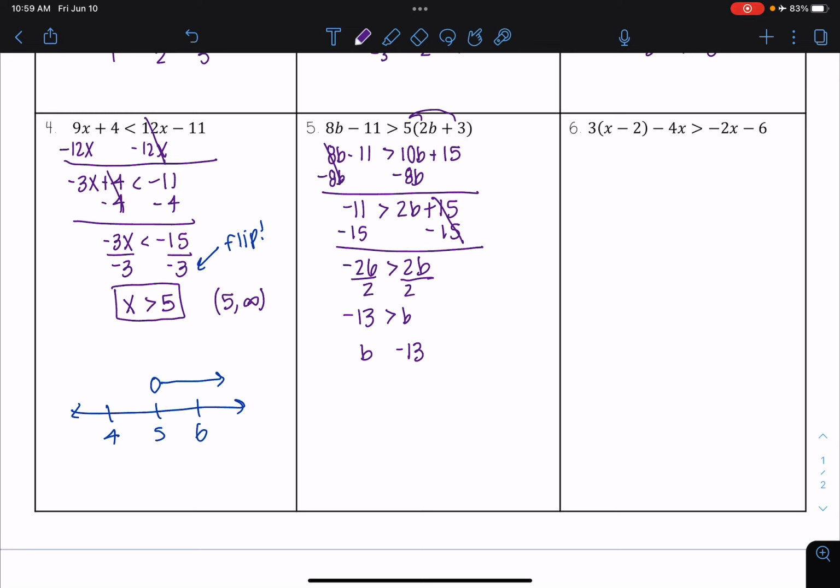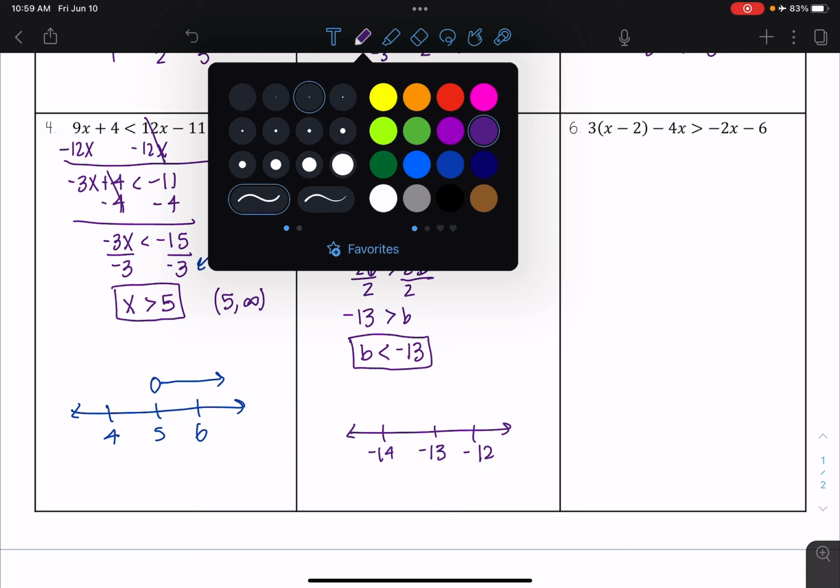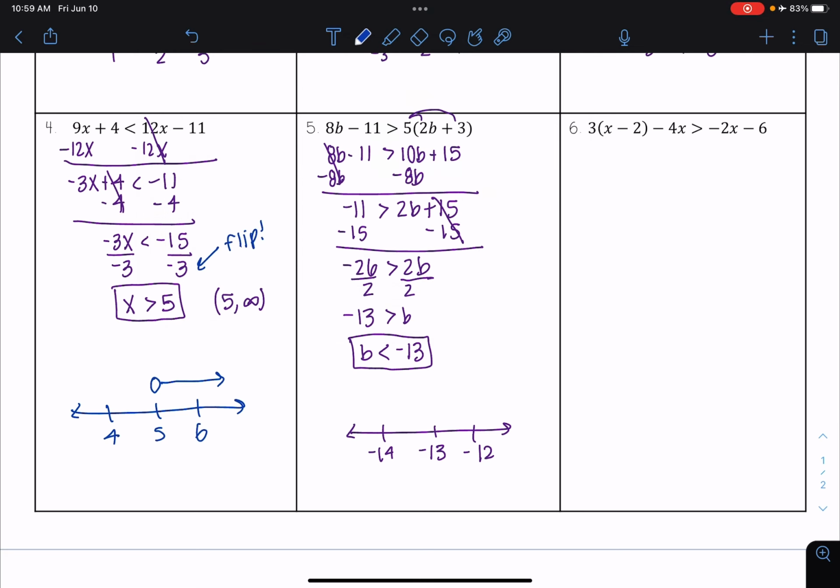And so instead of greater, this is going to be less than. And so graphing that, I have b is strictly less than negative 13, so it's going to be an open circle pointing to everything less than.